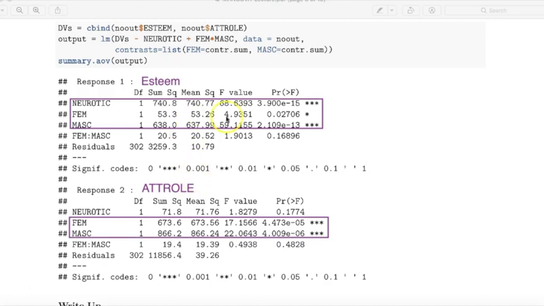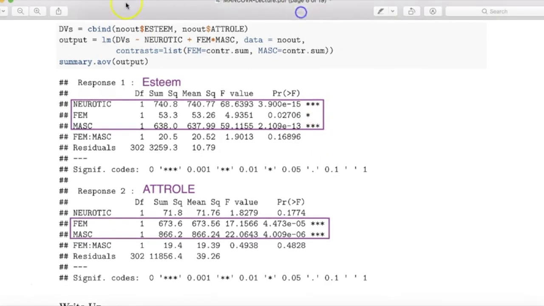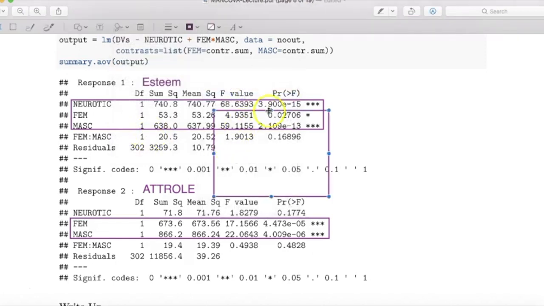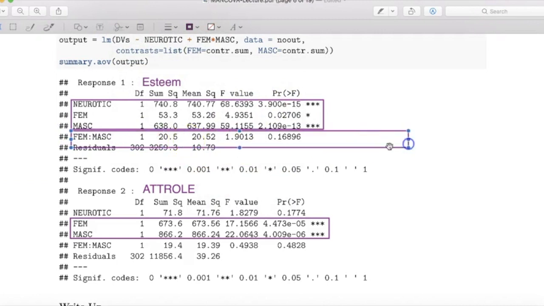It's easier for me. So for esteem, we can see the covariate was significant. And we can see the femininity and masculinity were significant. But really, what I want to look at here, let me do another rectangle, is the interaction.